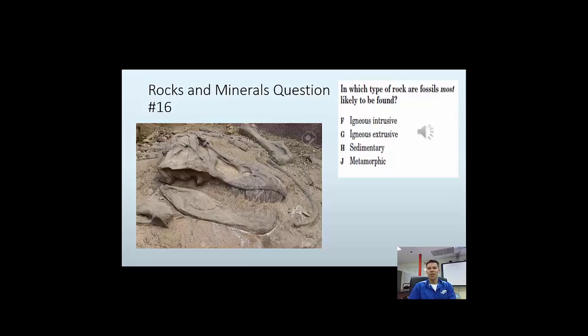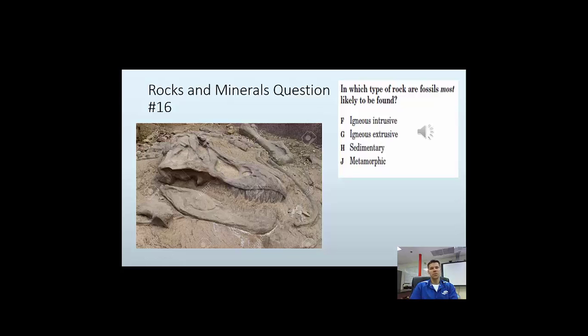In which type of rock are fossils most likely to be found? This is an easy one. You will only find fossils in one of the major types of rocks. An igneous intrusive rock, that's magma cooling under the ground very slowly. You're not going to find fossils in underground magma chambers. An igneous extrusive rock, that's lava. You're also very unlikely to find fossils in lava.